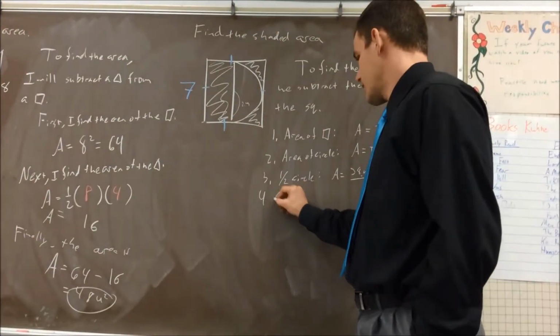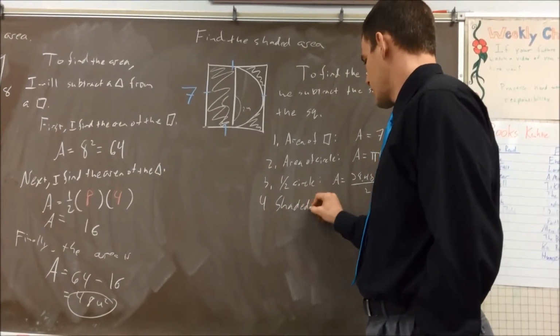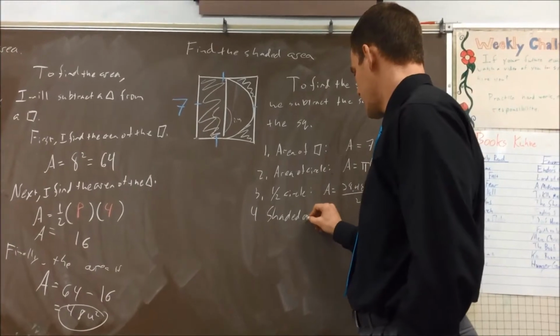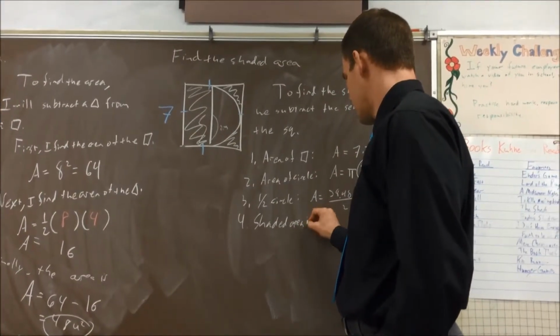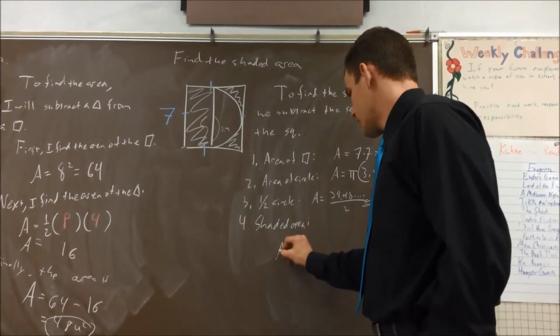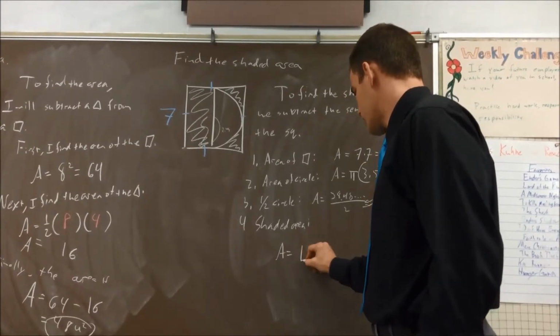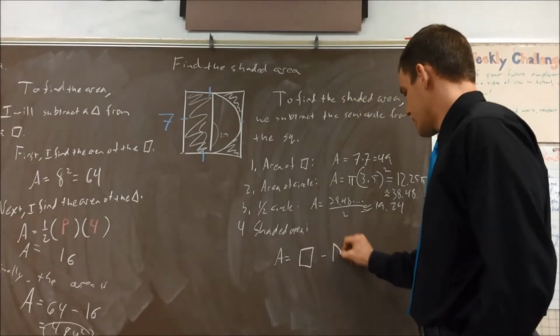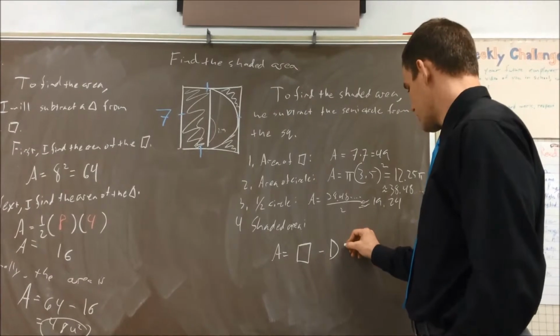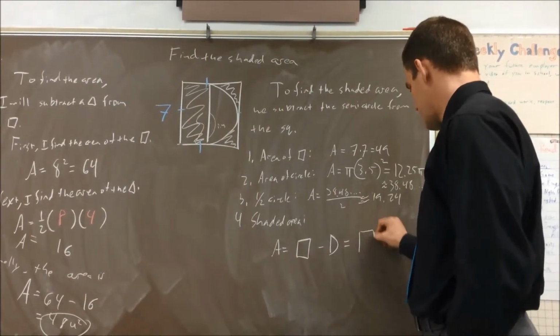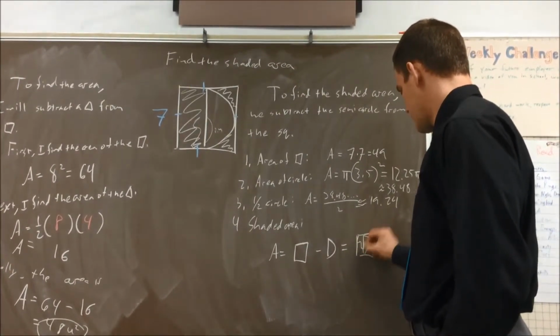Then the shaded area. It's going to be the square minus the half circle will give us this.